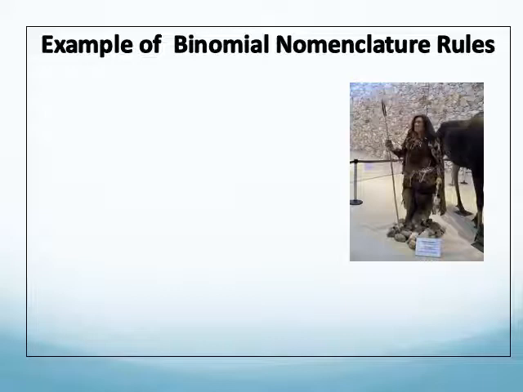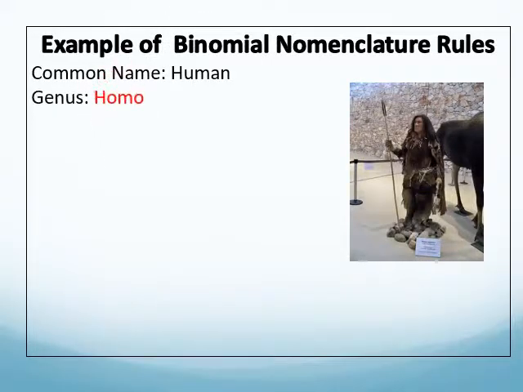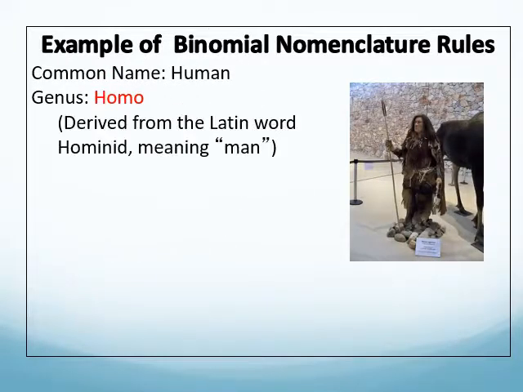All right, so let's look at the example of binomial nomenclature, and we are going to use a human as our example. So the common name obviously is human. The genus is Homo, and that is derived from the Latin word hominid, meaning man.